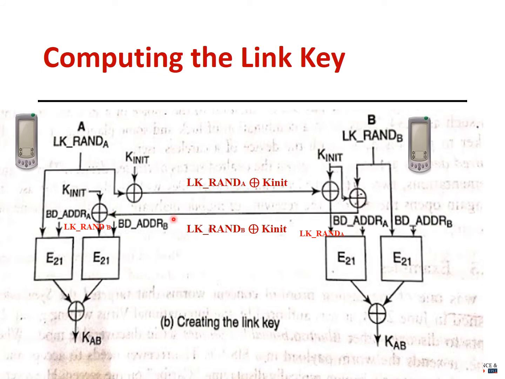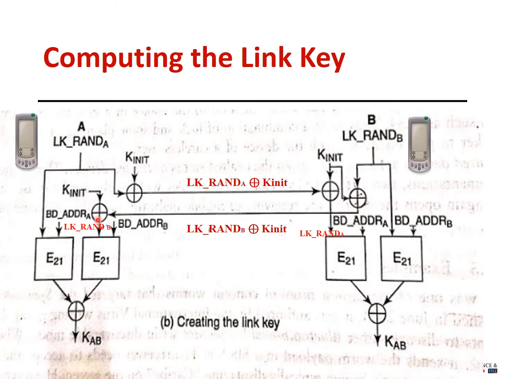And as we have explained already, this value is transmitted to A. So random number of B XOR K init is the operation performed, and this value is transmitted to A. When this value reaches A's side, the second XOR operation is done with K init, that you can see here.